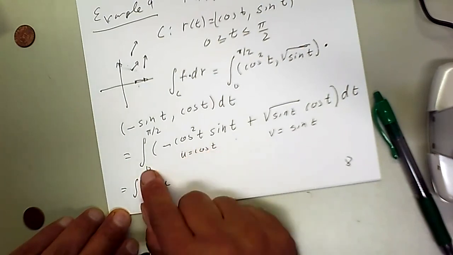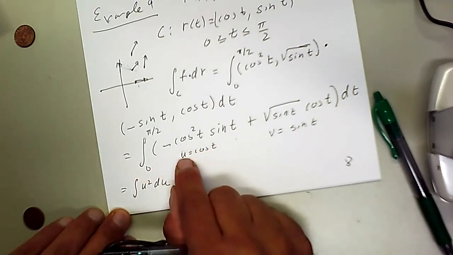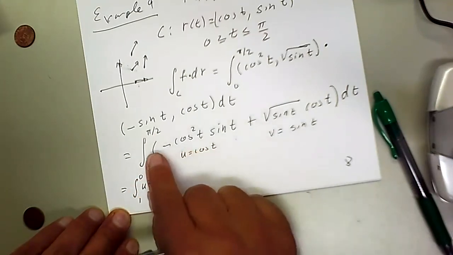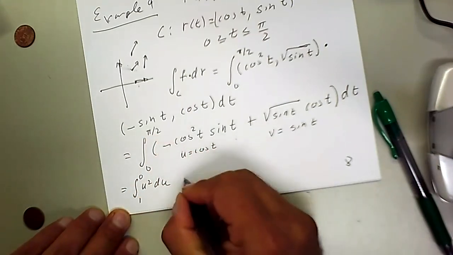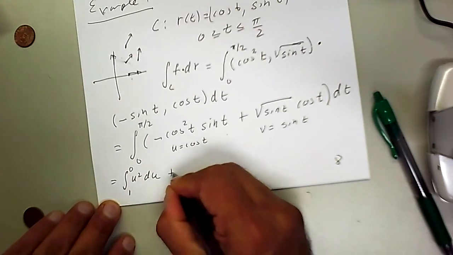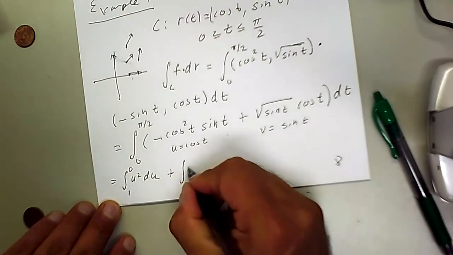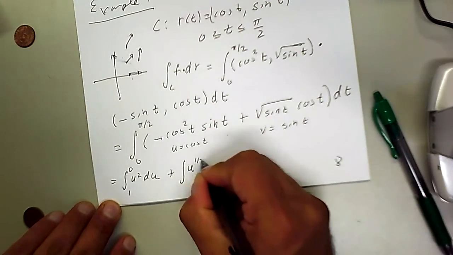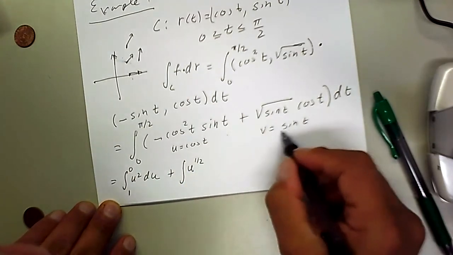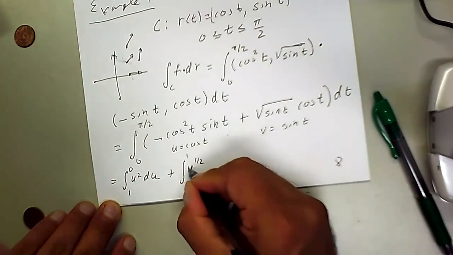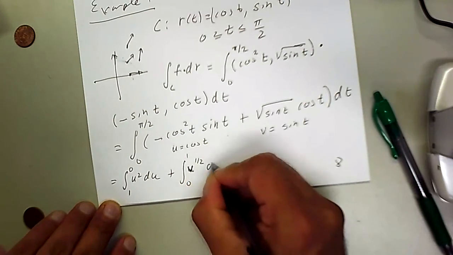Now let's be careful. When t is 0, we get 1. So we're going to go from 1 to 0, because the cosine of pi over 2 is 0. Plus the integral of v to the 1/2 dv, and this one is going to work out nicely from 0 to 1.